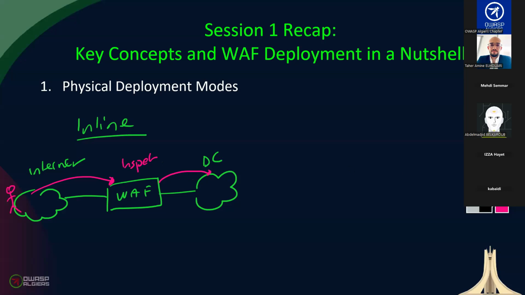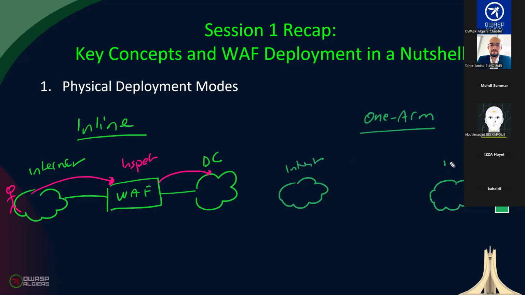The other physical deployment is the one-arm. And we said that this helps the WAF get a copy of the traffic in order to inspect it in an offline way. So the goal behind the one-arm physical deployment is to have your internet. This is your data center.